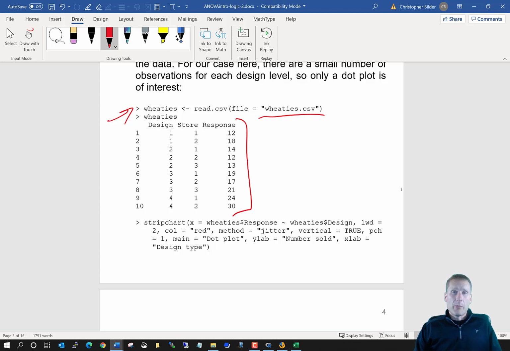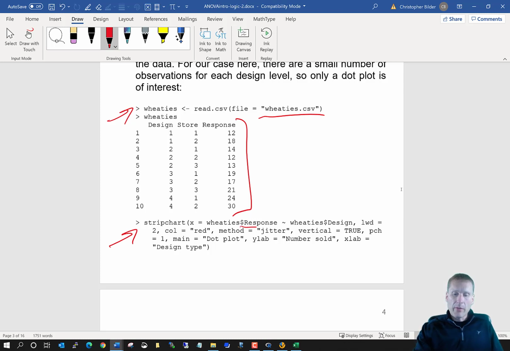Now, normally I would do a box plot, or box plots with dot plots on top of them. But box plots here are not going to be very informative because in some cases for these design types, we only have 2 observations. So instead, I'm just going to do the dot plots. To do this, I use the stripchart function we've done many times before.